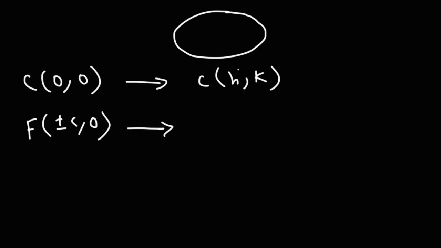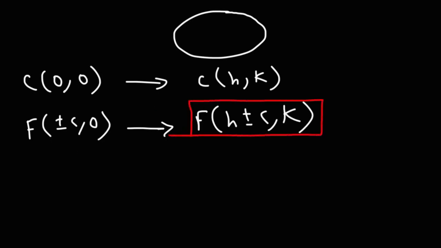So all you need to do is add the coordinates of the center to the coordinates of the foci. So we're going to add plus or minus c to h. So it's going to be h plus or minus c, and then we're going to add k to 0, which will be k. So this will be the new coordinates of the foci for the horizontal ellipse.